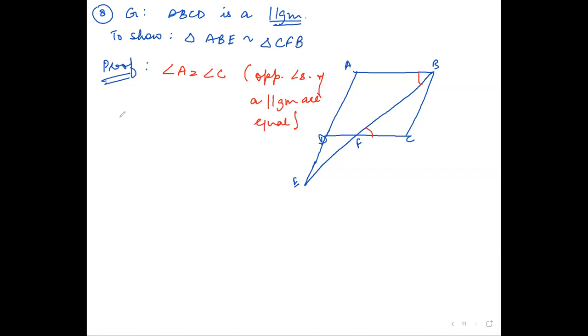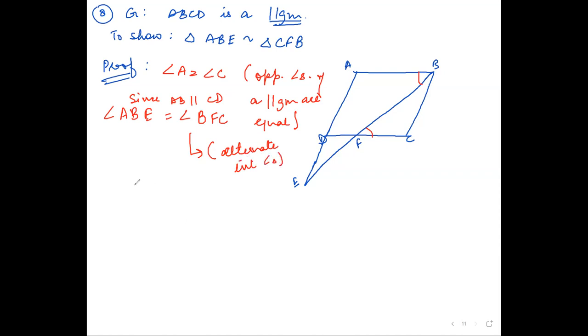Yeah, that also we can do. So if I call them angle ABE is equal to angle BFC. Okay, what is the reason? Right here, since AB is parallel to CD, therefore, because they are alternate interior angles. Clear?